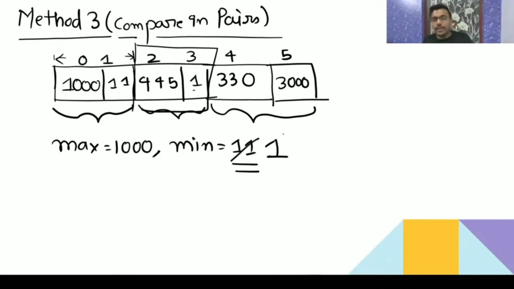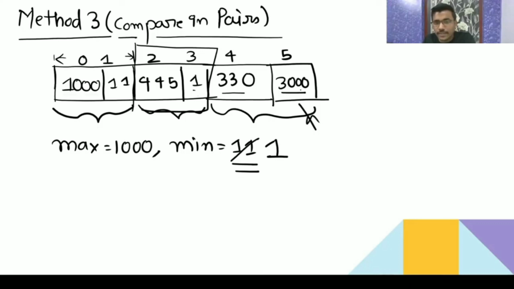So what I am doing: first I create pairs of 2. Between 1000 and 11, first I found which is max and min. Then between the next two I found the max and min. Then between 330 and 3000, I find the max and min. Max is 3000 here.